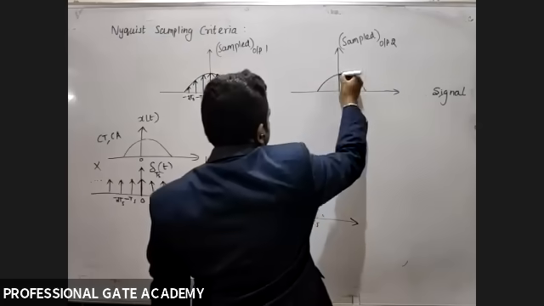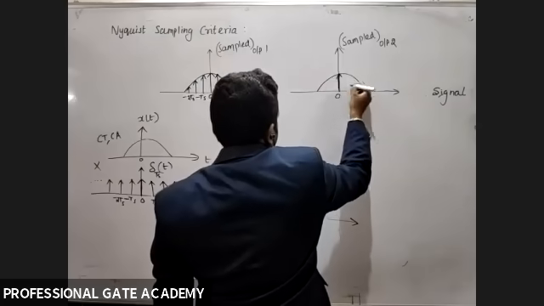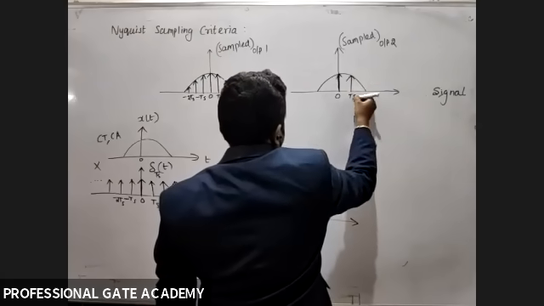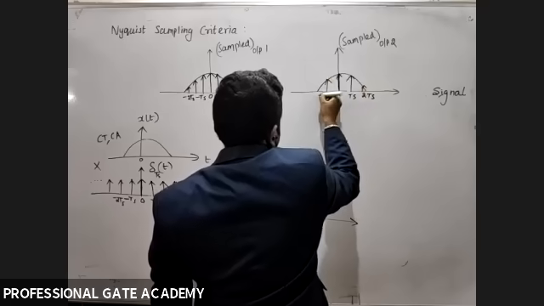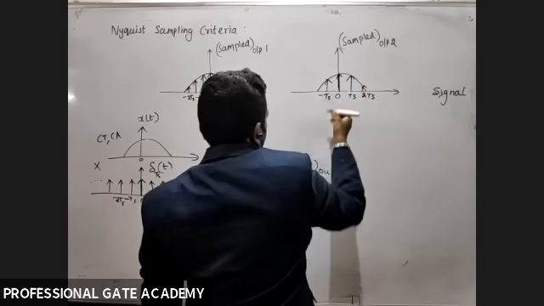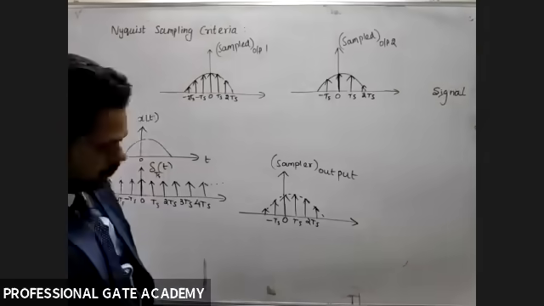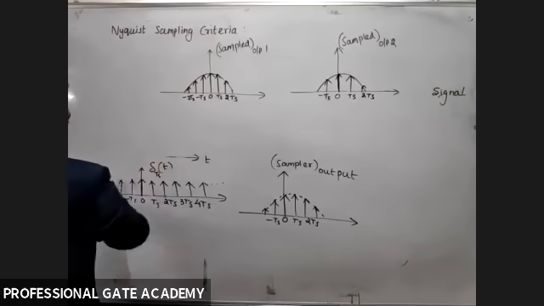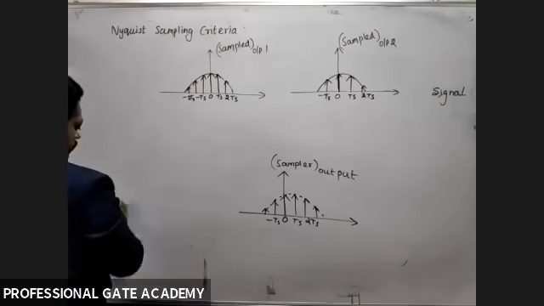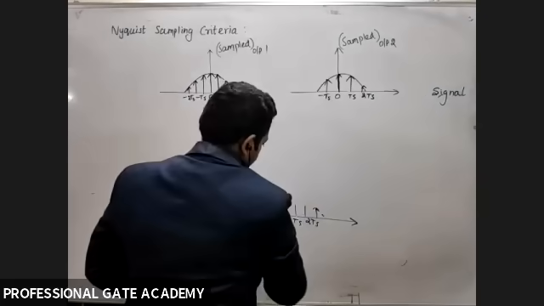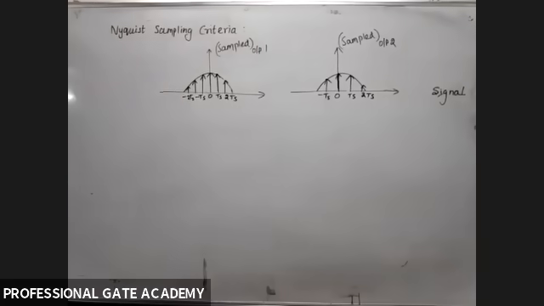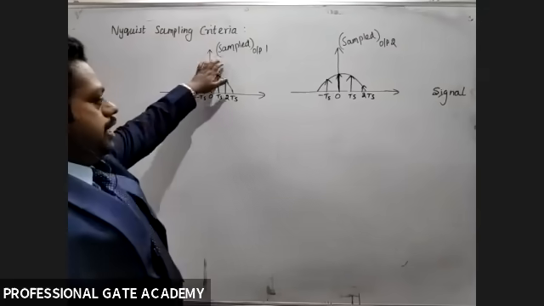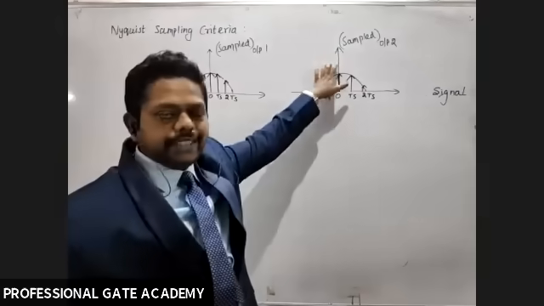Then here 0, Ts, 2Ts, minus Ts. So this is one of the sampled outputs. This is another, second sampled output.